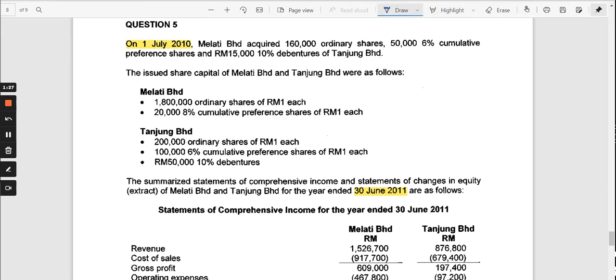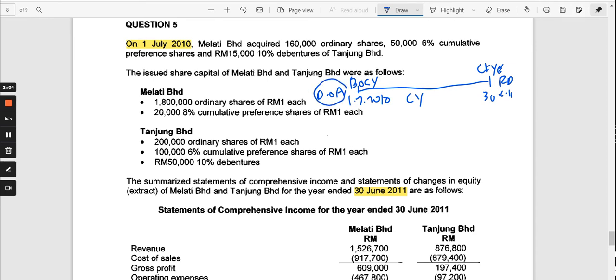If you were to draw the timeline, this is the year end, 30th of June 2011, where we will do the consolidation on the current reporting date. This is our current year, and this is 1st of July 2010, the beginning of the current year. I put here BOCY, which stands for beginning of the current year.